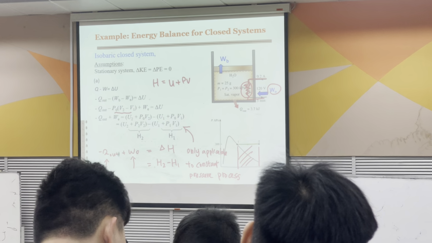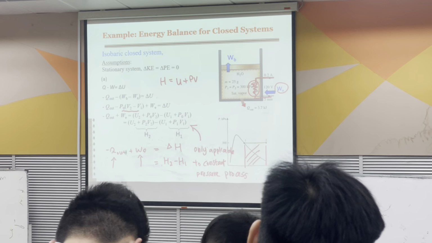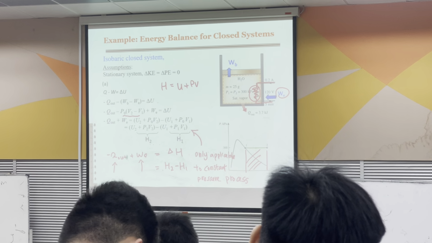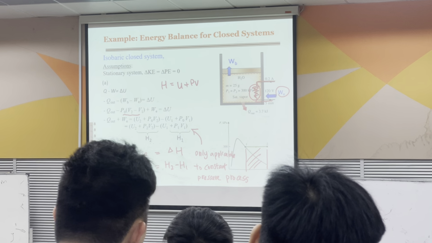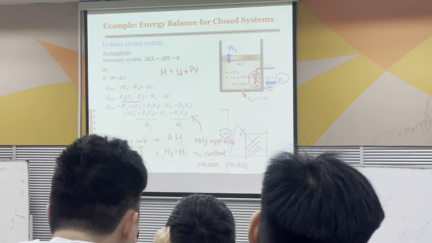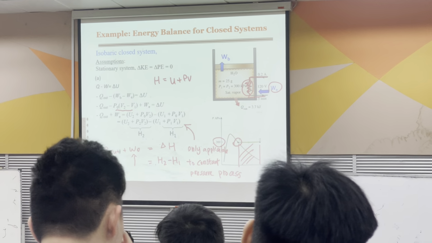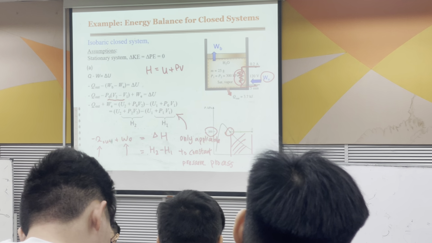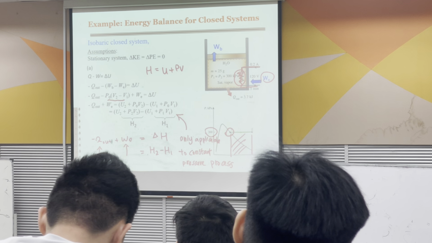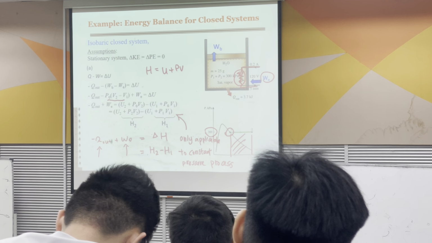For H1 we can find the information because we have two properties: it is 300 kilopascal and it is saturated vapor. So you can find H1. Based on this you can find H2, but we cannot find H2 directly, because for H2 we only know that it is 300 kilopascal.